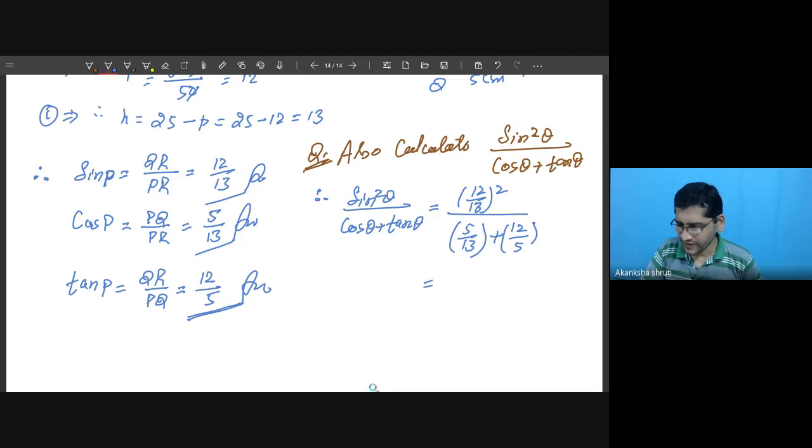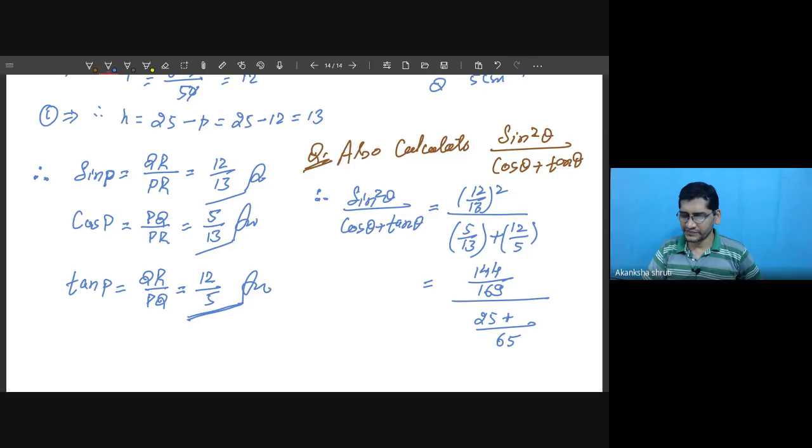If you are going to simplify, the 12 square is our 144 by 169 divided by, taking the LCM, it becomes 65, then it is 25 plus, multiply this 13 with the 12, so it is 130 plus 26, so 156.